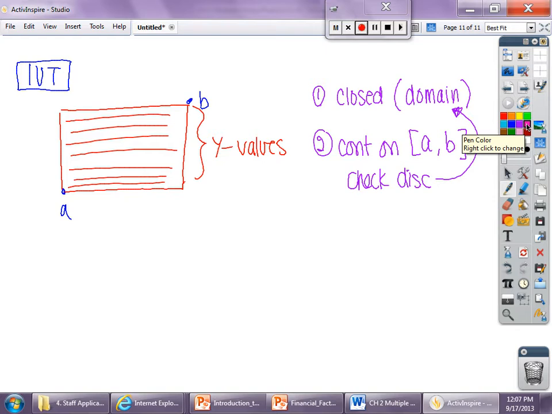The only thing that I can think of in there would be if there's a jump discontinuity, something weird like that. Third thing, once those two are true, then you have to find the y values of your function.